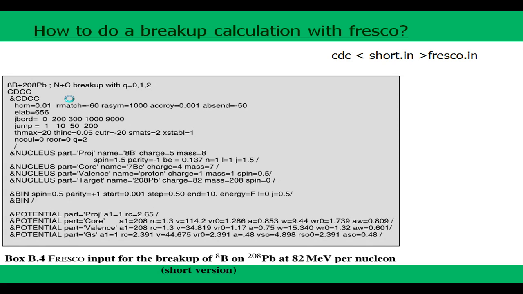However, you still want to have control over what you're doing, and that's why I want you to generate the standard input, so you can look at it and see what you've done and make sure that what is there is what you want to be there. So we'll go through this input in some detail so that you will be able to prepare your own for this afternoon.